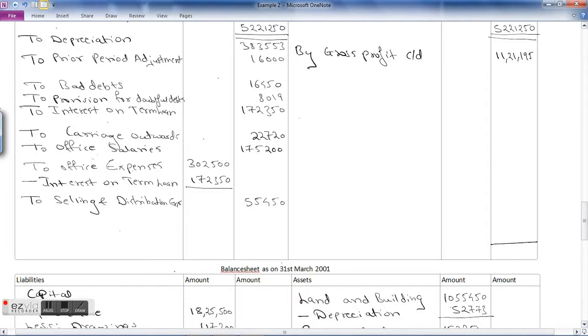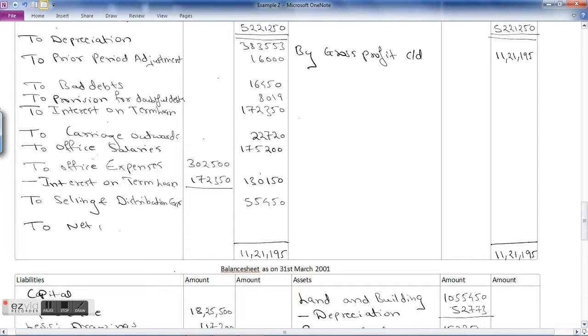So your credit side total is 11,21,195. Then in debit side, 302,500 minus 1,72,350, so your office expense comes to 130,150. So your total of credit side minus debit side, so you get a net profit.